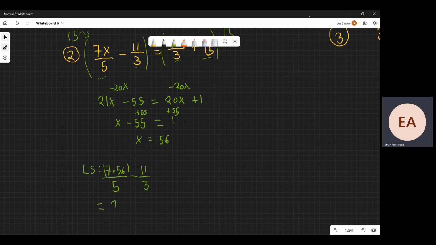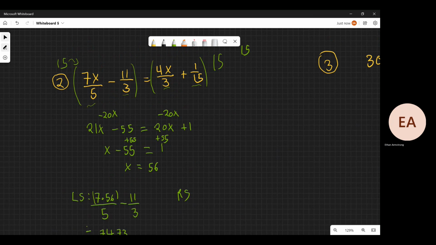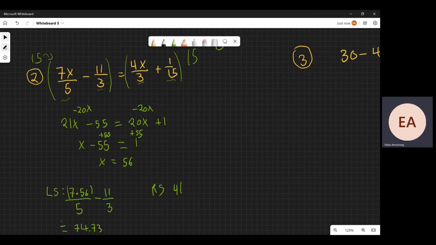Equals approximately 74.73. Oh, sorry, that's a little sloppy. 74.73, and we'll do that to the right side. So we have 4 times 56 over 3 plus 1 over 15.